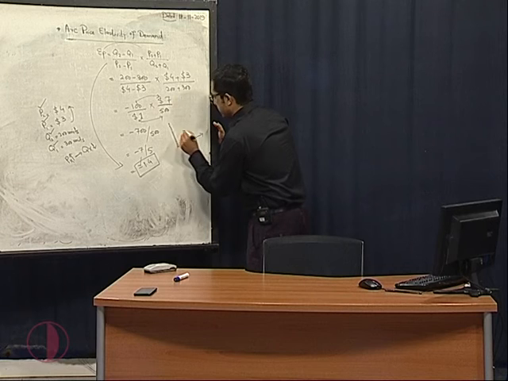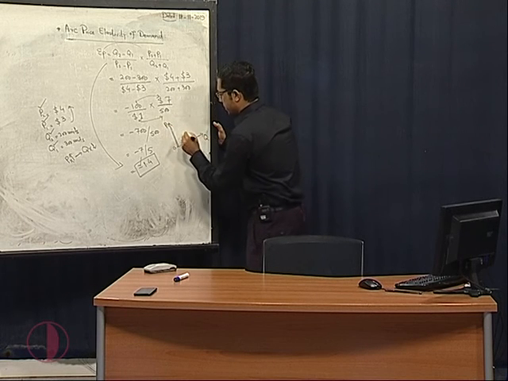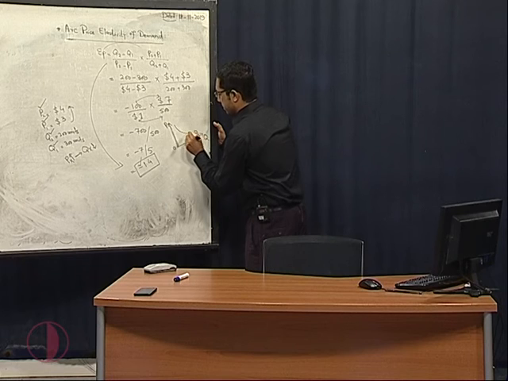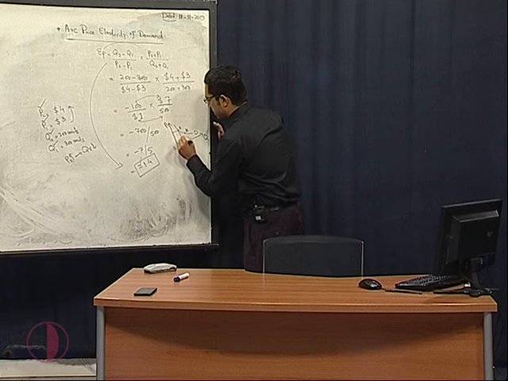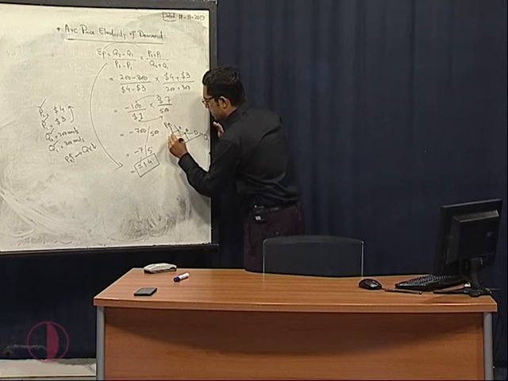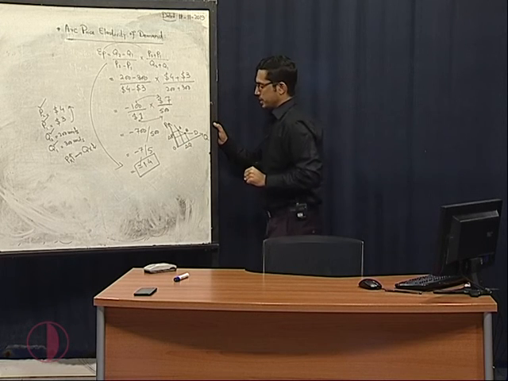For example, this is price, this is Q, this is the demand curve. This was point A and this is point B. This was the change in price and this was the change in quantity demanded.